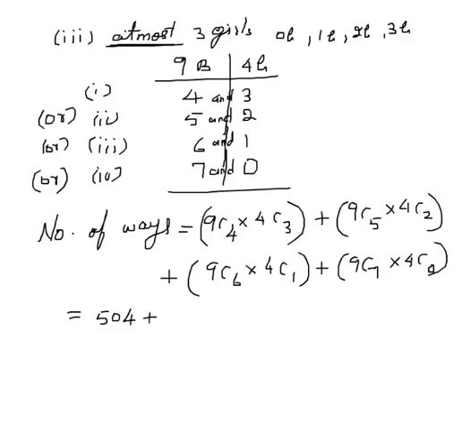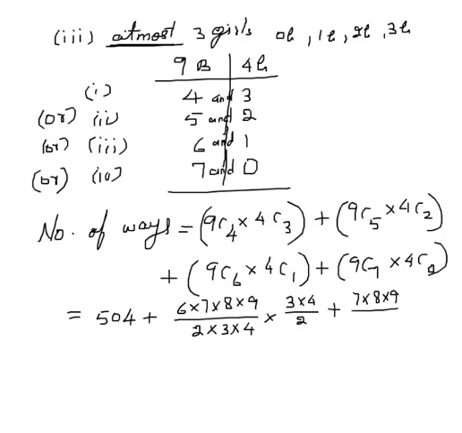9C5 and 9C4 are same. So if I cancel 5 factorial, 6, 7, 8 and 9 divided by 4 factorial, 2, 3, 4. 4C2, 4 factorial by 2 factorial into 2 factorial, cancel 2 factorial and denominator has 2. 9C6, 9 factorial by 6 factorial into 3 factorial, cancel 6 factorial, 7, 8, 9 divided by 3 factorial is 2 times 3, 4C1 is 4.